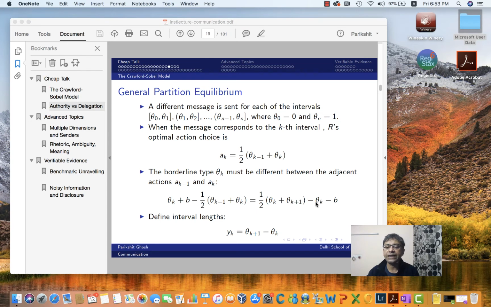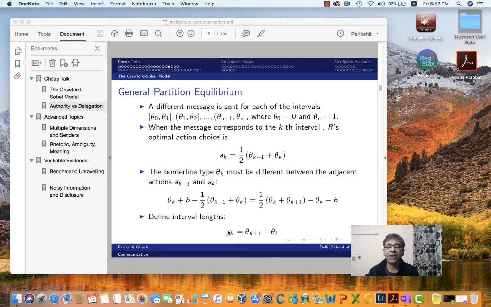This is exactly the indifference condition as I said, right, with the values of the actions ak and ak plus 1 substituted in. But now, instead of writing down a condition relating the cutoff points, we can write down an equivalent condition involving the length of these intervals.